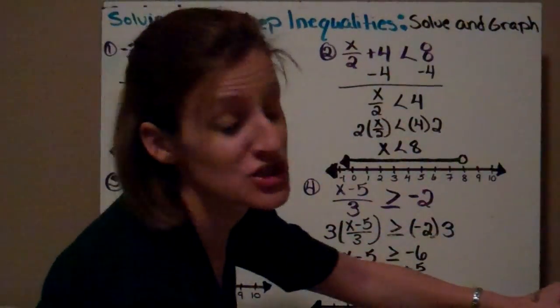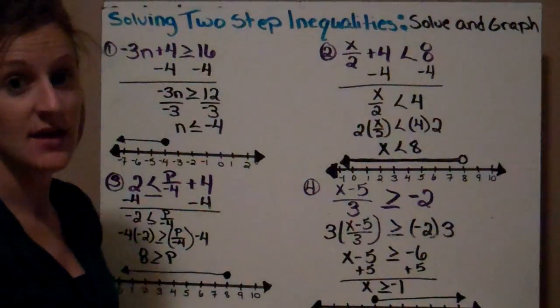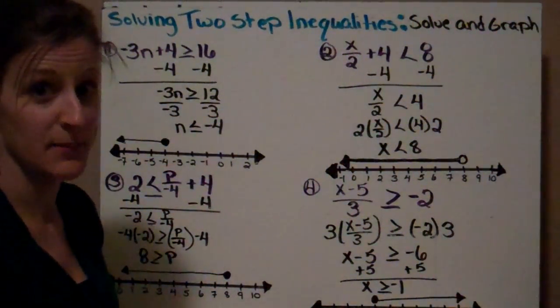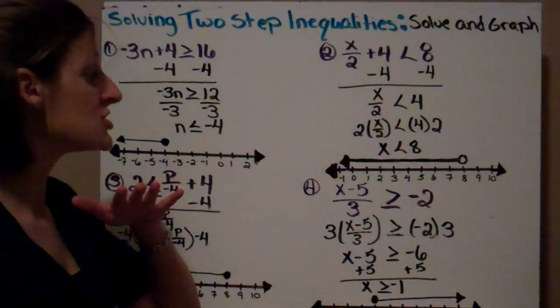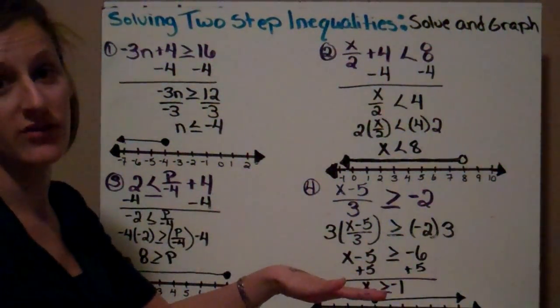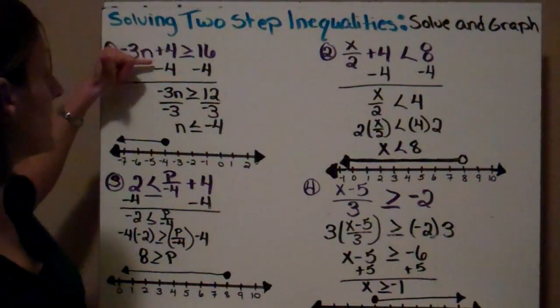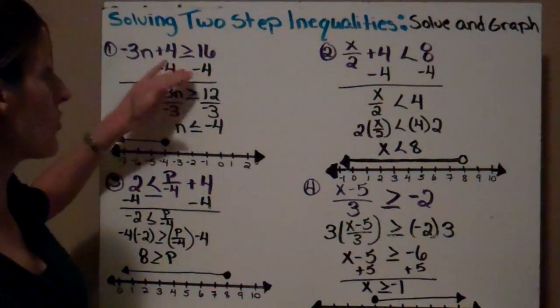Alright, now we're going to look at two-step inequalities. Same thing as solving equations, except we're flipping the sign when we're multiplying and dividing by a negative number. Other than that, you are just solving it just like you would a regular equation. Alright, so this first one, negative 3n plus 4 is greater than or equal to 16. I'm going to subtract 4 from both sides.